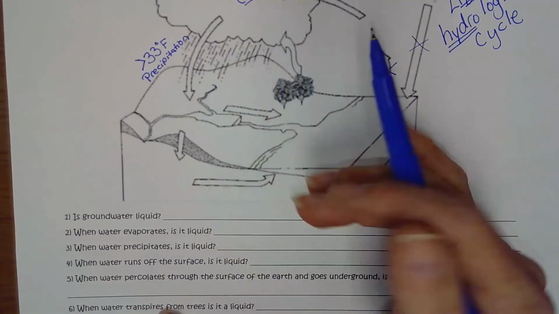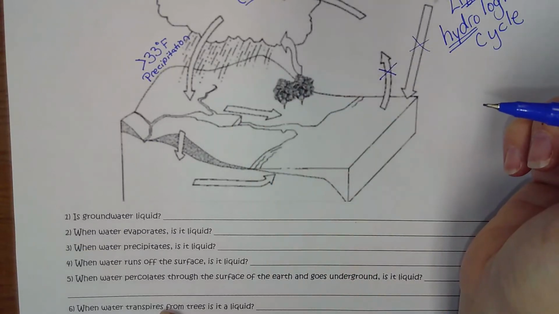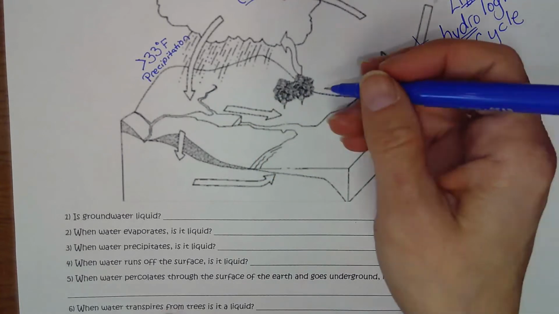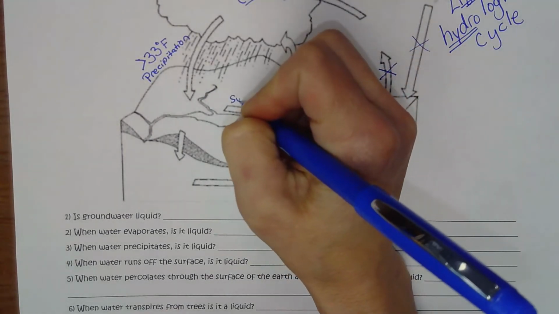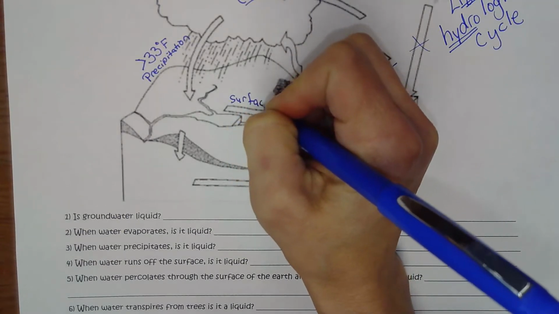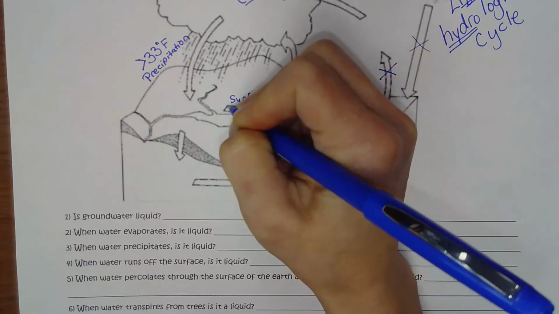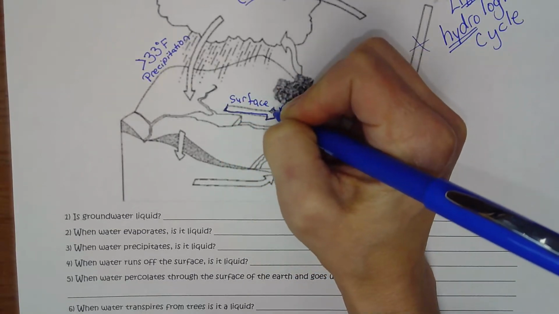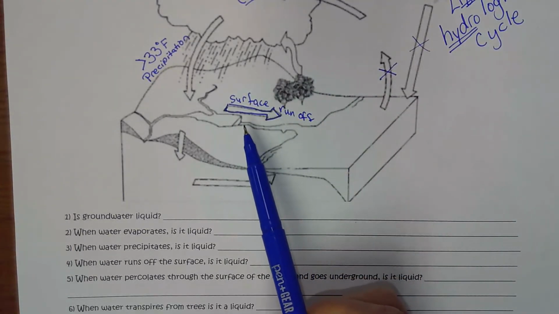Now, once it's on Earth, see how this water is on the surface and it is running along the surface? So this is surface runoff. This arrow right here. If liquid water is running off the surface, it's definitely a liquid.